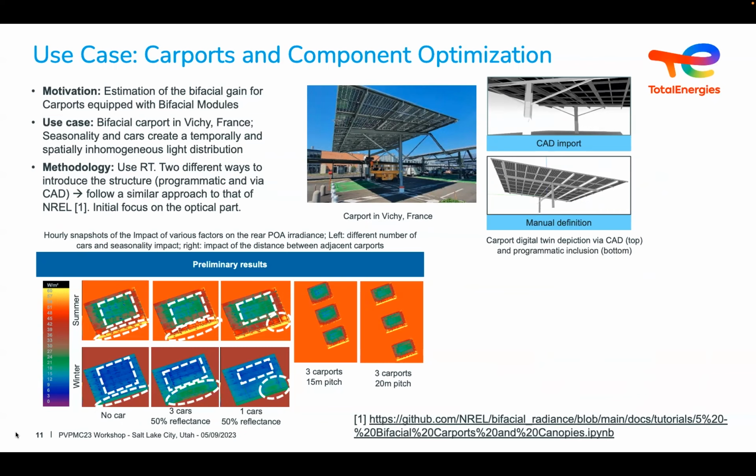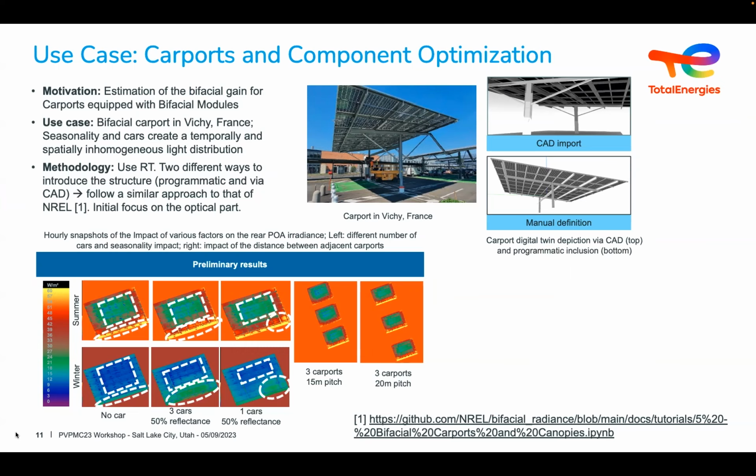So in this case, we are modeling a bifacial carport in VC France, and we also assess the impact of seasonality and of cars parked underneath, which create a spatially and temporally inhomogeneous light distribution. Of course, we are using ray tracing, and we have two different ways to introduce the structure, either in a programmatic way or with a special arrangement that we have to create the structure via a CAD file.